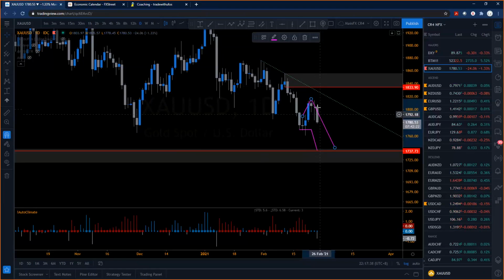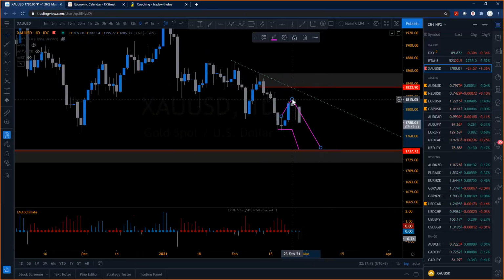So now we're seeing today a strong move to the downside. That's a pretty big daily bar that's forming there. We don't know how it's eventually going to work out, but one thing is for sure: gold looks like it's going to be moving a little lower at this point.